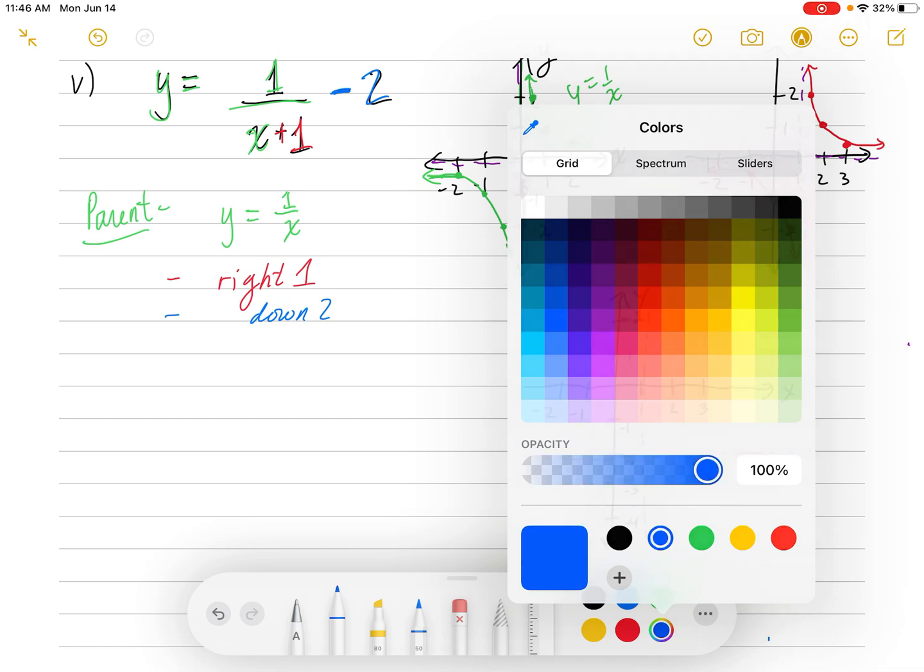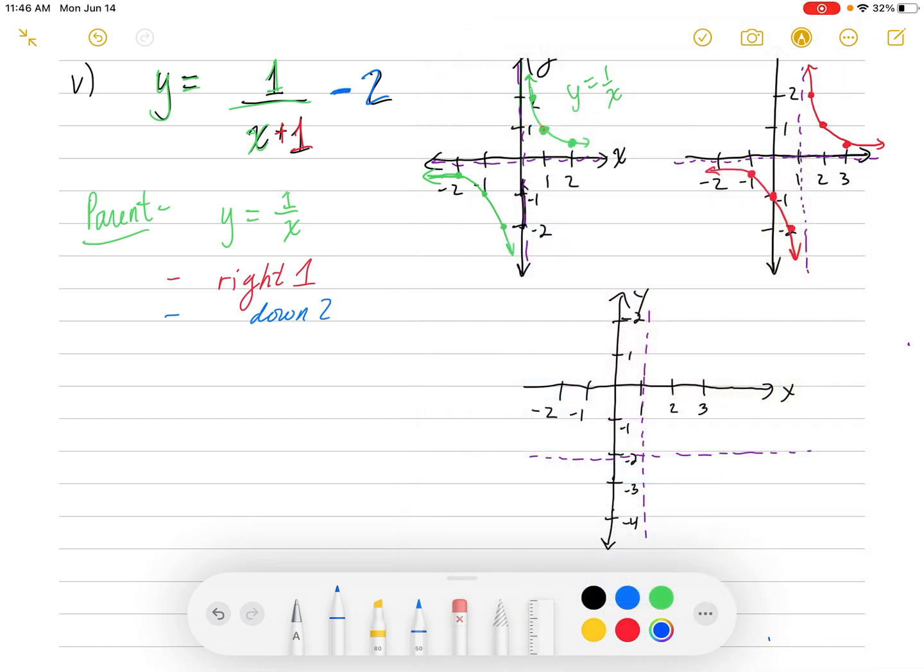And then we're going to have to shift all our right points down 2. So I'm going to use a blue here, I guess. Yeah. So let's start with the point 3, 1/2. Let's shift it down 2. So it'll be 3, negative 1.5.